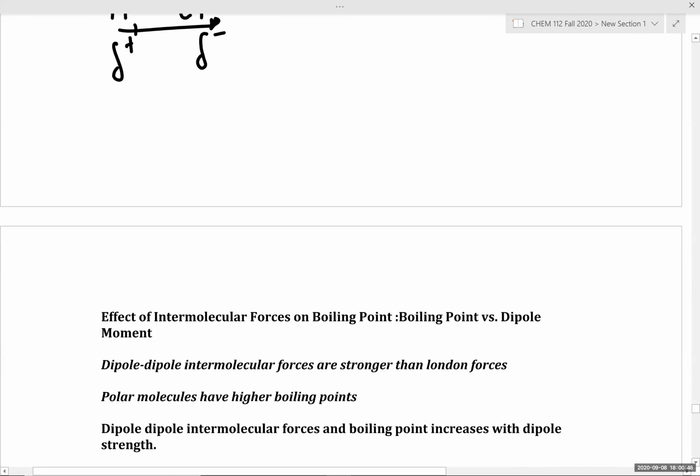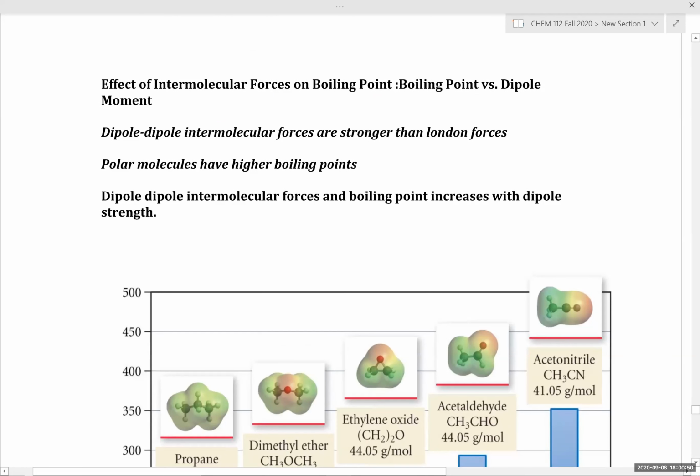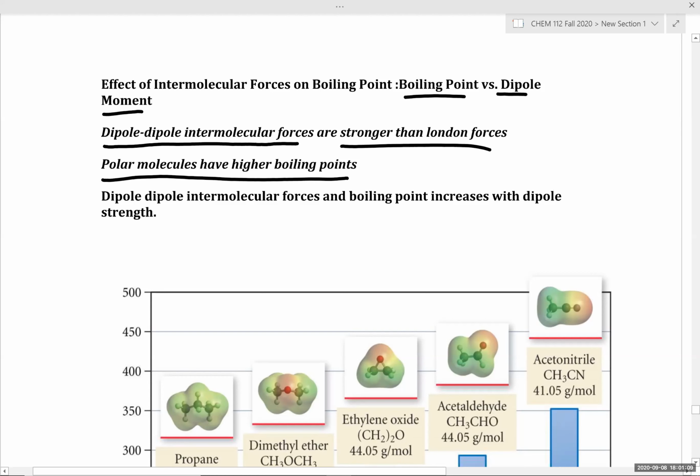Now, when we think about intermolecular forces and boiling point, let's look at the effect of dipole moment, which is a measure of molecular polarity, on boiling point. Now, dipole-dipole intermolecular forces are way stronger than London forces, and as a result, polar molecules generally have higher boiling points.